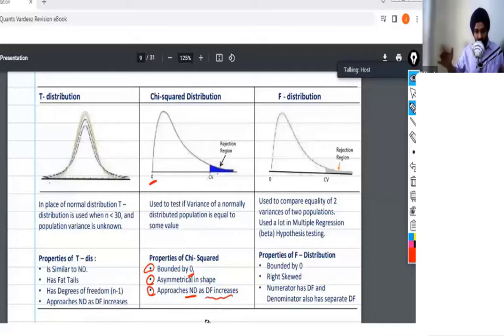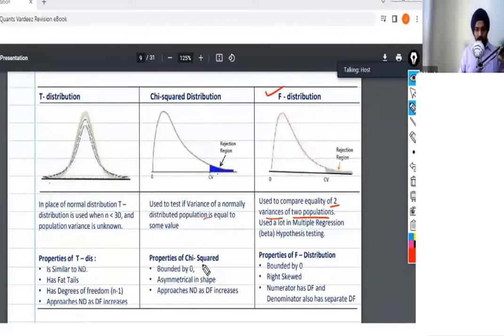As the data increases, degrees of freedom increases, the chi-square will look like a normal distribution. Fair enough. What about the F distribution? Now, this is something that you would see a lot in the hypothesis testing in the multiple regression chapter. Okay, so what is an F distribution? It's used to compare the equality of two variances of two populations.